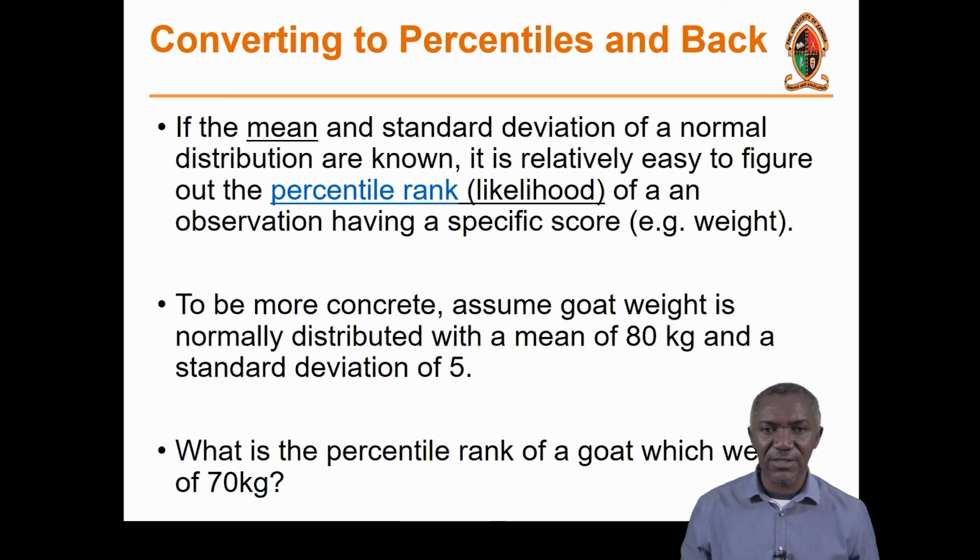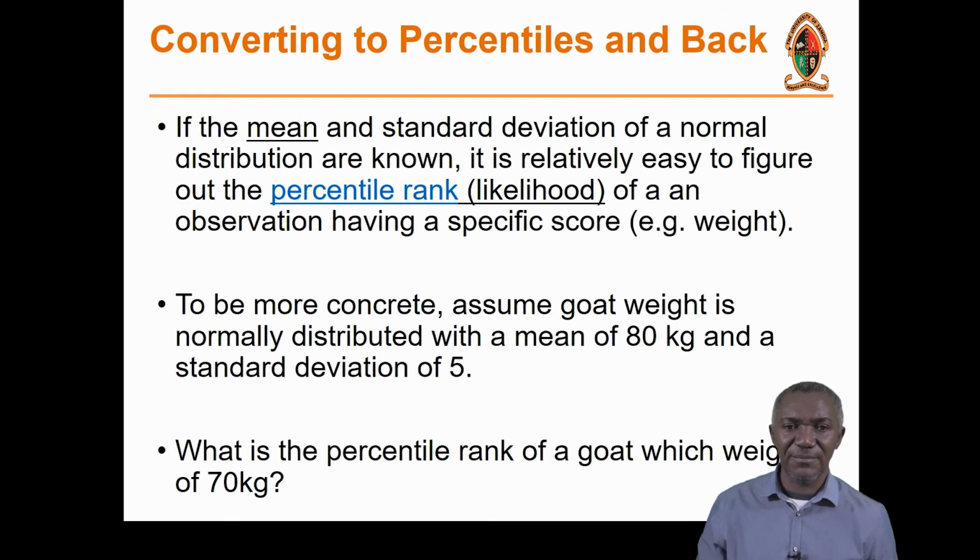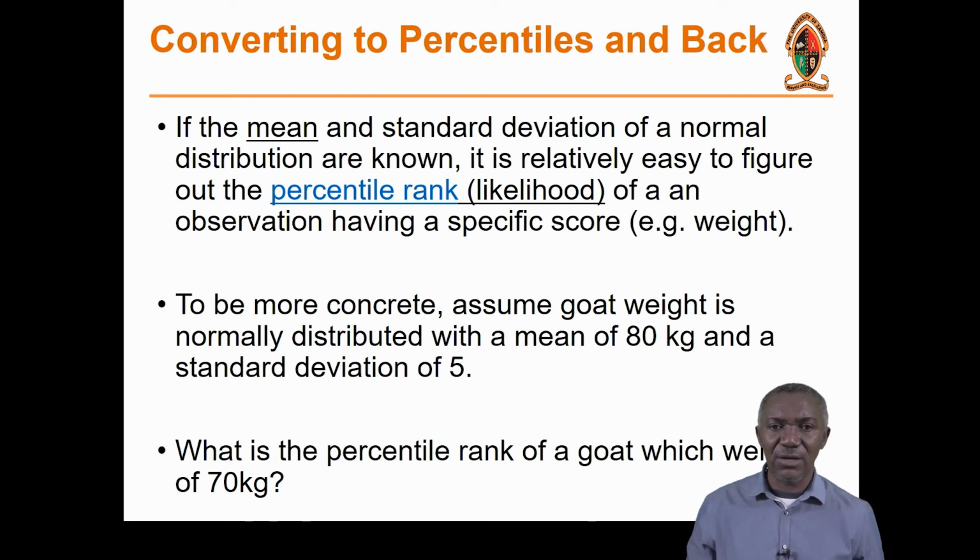To be more specific, assume a goat weight is normally distributed with a mean of 80 and a standard deviation of 5. We have a population of goats, the weight of these goats is normally distributed, and the mean is 80, and the standard deviation is 5. What is the percentile rank of a goat which weighs 70 kg?